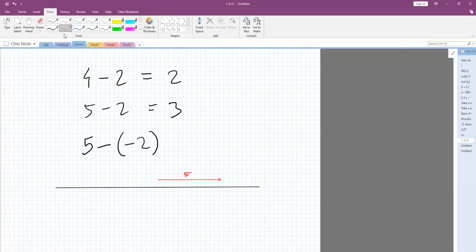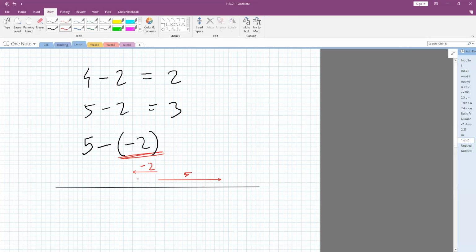Now, when you have a negative 2, like this one, can you tell me the arrow that you will have? Going to the left. And what is the length of it? 2. Okay, so this is your negative 2 arrow. The negative simply pointing to the left.